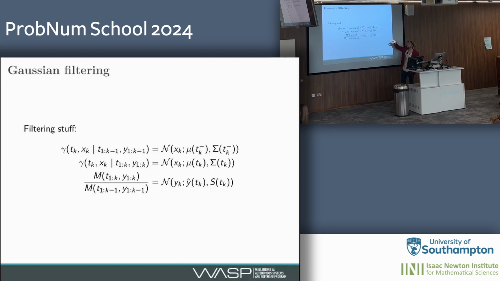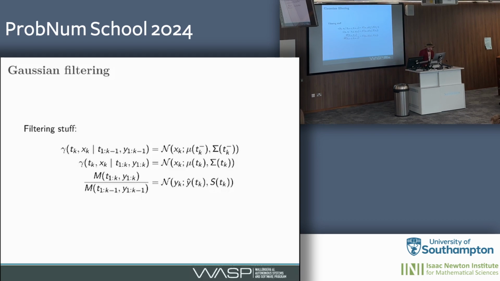I use a superscript minus to indicate that we're not using any measurements at that time point yet. For the filtering density, I use the same notation but remove the minus, to indicate that I did in fact accumulate the measurement. And our marginal likelihood increments are also going to be Gaussian, and I'm going to call the mean y hat and the covariance S.